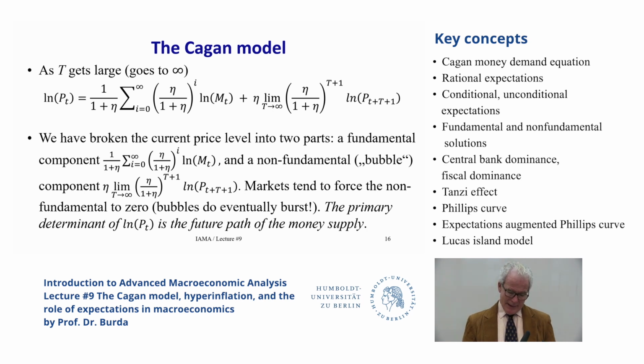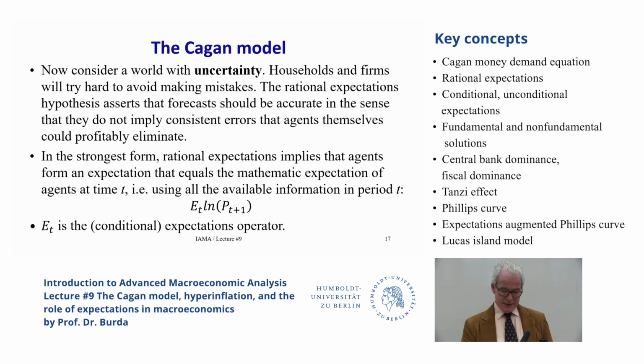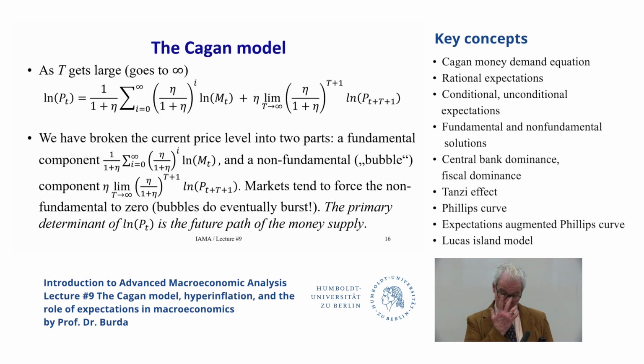Okay, so the lesson of the Cagan model is not the current money supply, but that expected future money supplies matter. That's a very important insight, because it means that the anticipation of future monetary policy will impact the current price level.